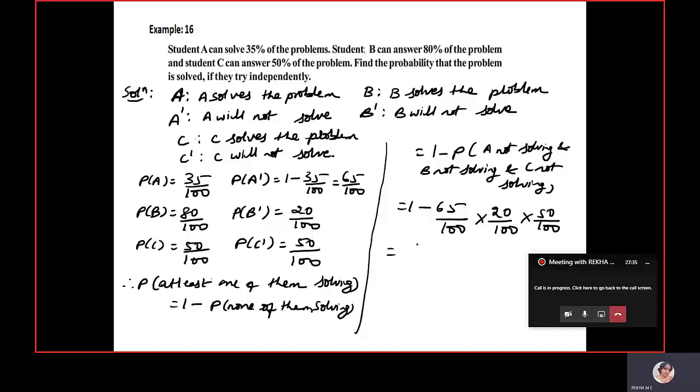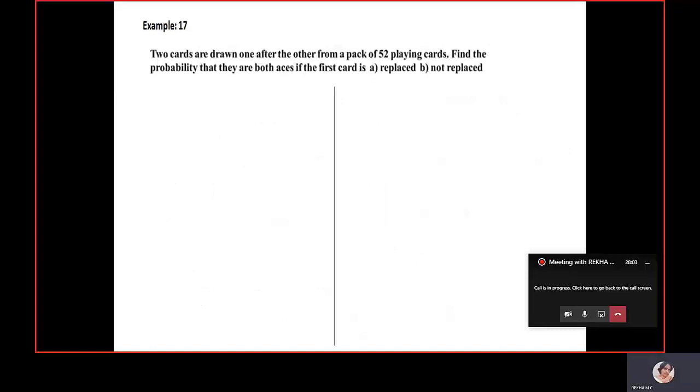So that is equal to 1 minus, when you simplify this, you'll be getting it as 13 by 200. So that is 200 minus 13 by 200. That is equal to 187 by 200. Yes. Next sum.